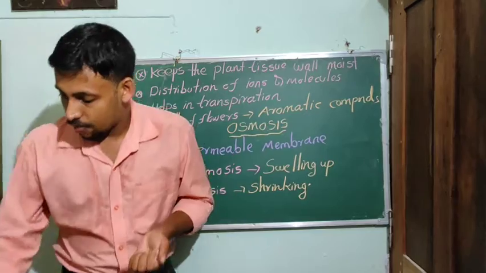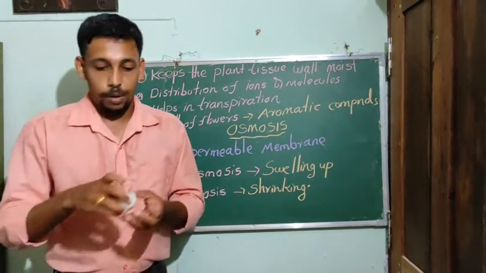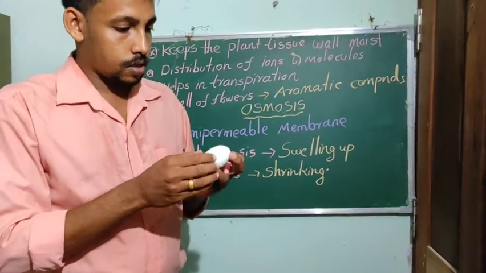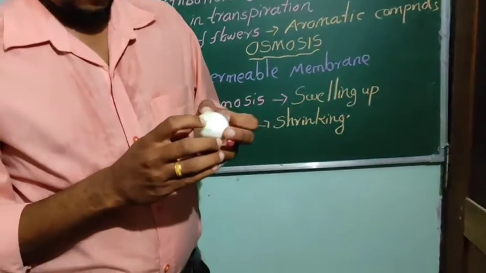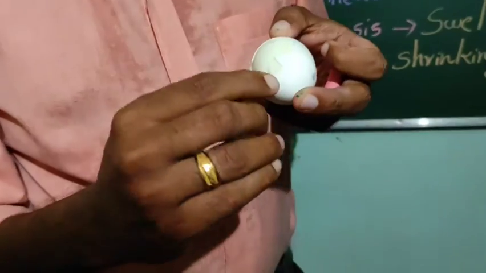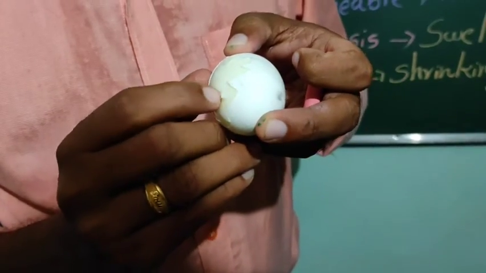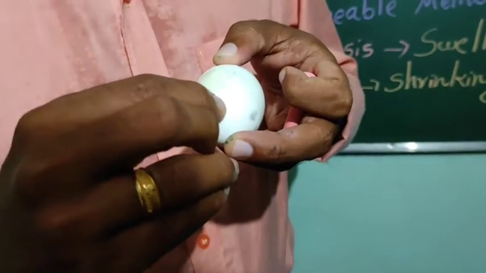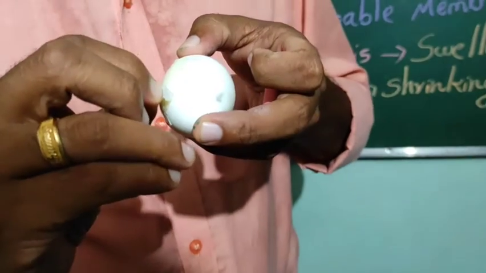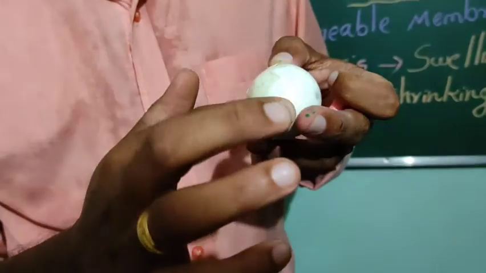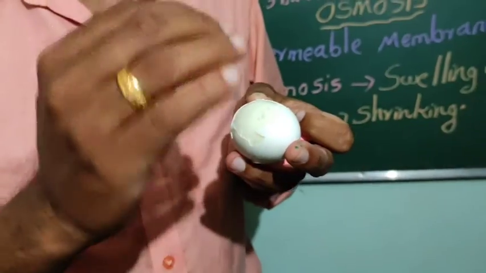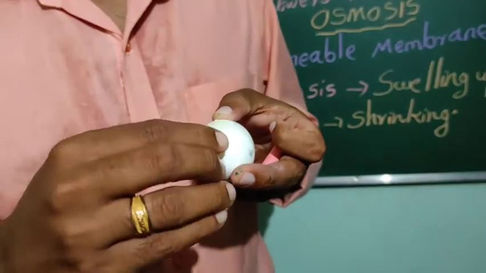So like that, I will show you an egg membrane. Just look here. This is the egg membrane. Outside it you can see the shell, and just below the shell you can see the egg membrane.